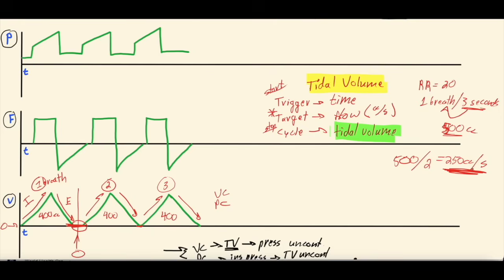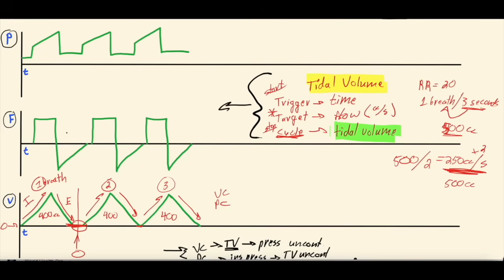So it will give 250 cc's per second for the 2 seconds until it gets to the tidal volume I set of 500 cc's, right? 250 times 2, and then it will cycle. It will say, stop the breath. That's the tidal volume they wanted. Breath is over. And this then translates into why our pressure and flow scalars look the way they do.